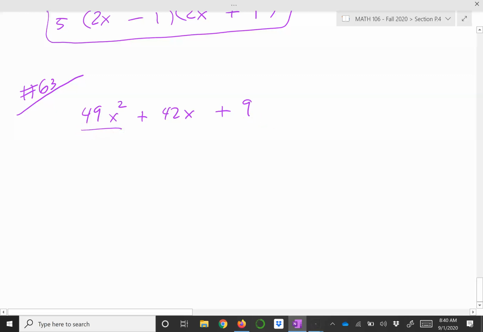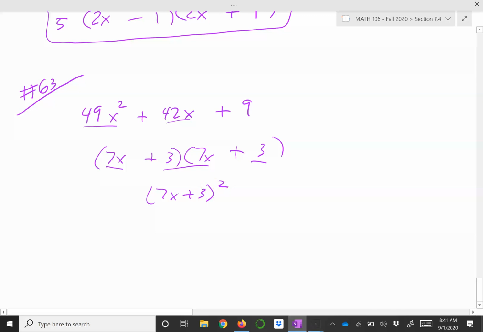Square root of 49x squared, what would you get? 7x, okay? You could quickly find the solution to this. So what you would do is basically take this answer, 7x, that goes here. And then the 9 is 3. And then they would both be positive, right? Because you'd get 21x on the inside and 21x on the outside, which would give you your 42x. And then your final answer would be this.